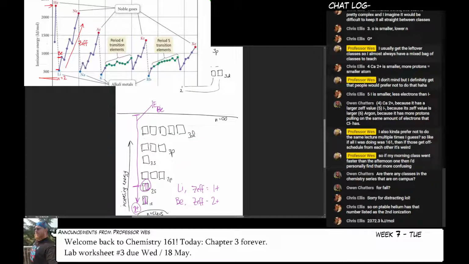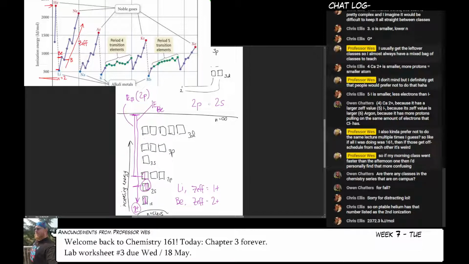Now, here's something odd. Why is the next ionization energy lower for boron? Well, let's go put in the next electron for boron. Where does the electron go? Well, here's boron. It's right here. Boron's slightly less, so it's easier to ionize despite there being a 3 plus in the middle because we're pulling from a 2p orbital, and we know that 2p orbitals are higher in energy than 2s.